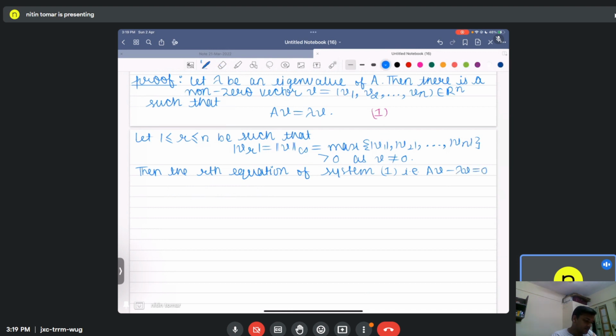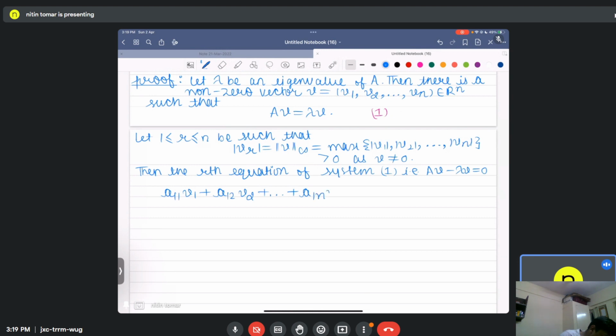So what will be the rth equation? Okay, let us write one by one. For example, the first equation will be A11 V1, then A12 V2, up to so on and so forth.